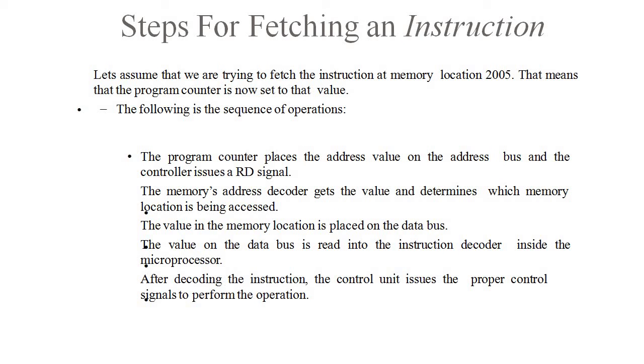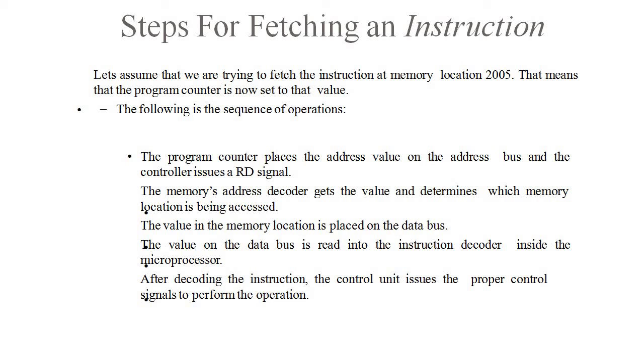Now steps for fetching an instruction. Let's assume that we are trying to fetch the instruction at memory location 2005. This means that the program counter is now set to that value. The sequence of operation is: the program counter places the address value on the address bus and the controller issues a RD signal.